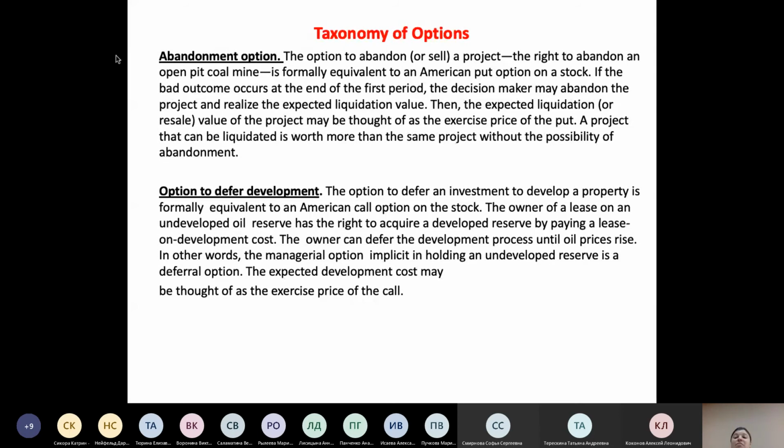First of all, as a classical kind of option, I can propose the abandonment option. In other words, the option to abandon or sell a project, to leave a project, or first of all to sell all equipment, all plant, all technologies, and receive the scrap value of this project.